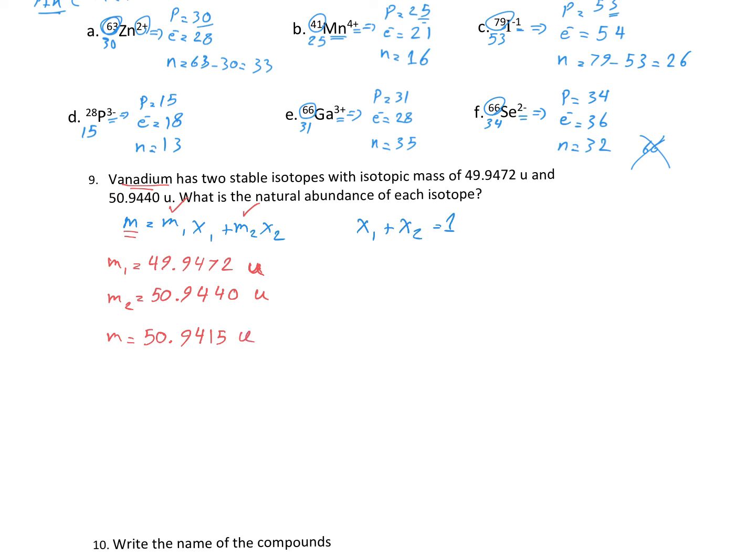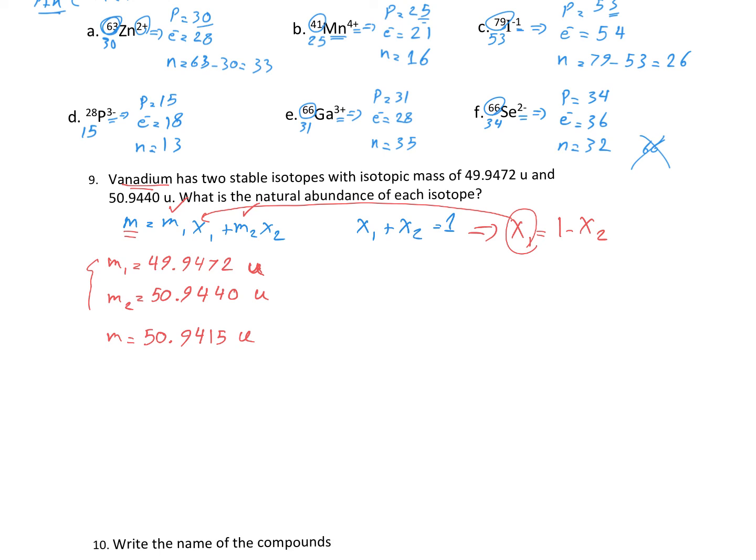Okay, so when you have two atomic masses and you want to find both natural abundances, you have to do this. So x1 is 1 minus x2, and then you plug this into here.